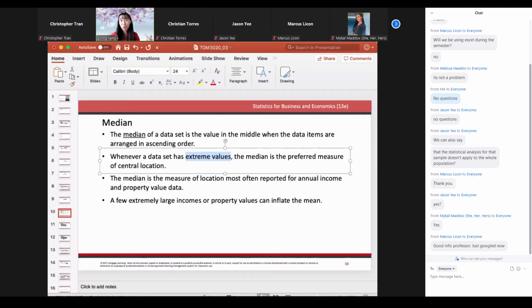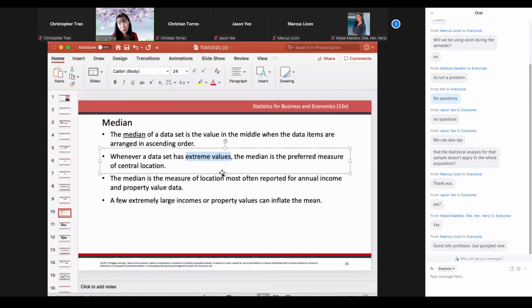That's the right representation of this community. That millionaire is what we call an outlier. That extreme value inflated the mean, and so the mean isn't a good representation of the neighborhood.